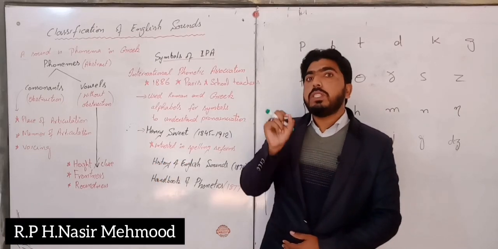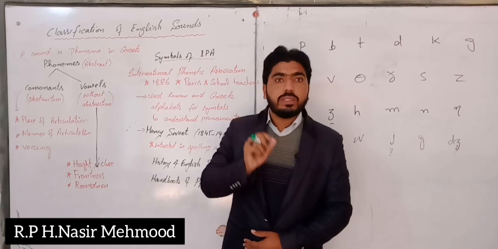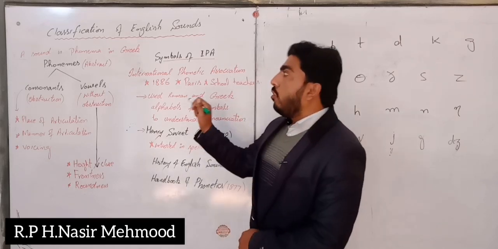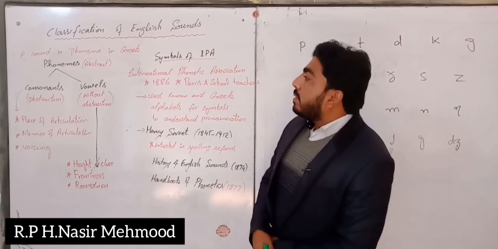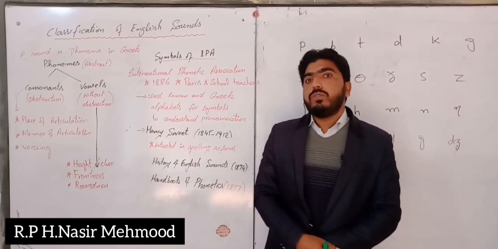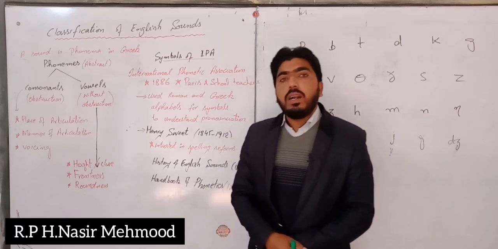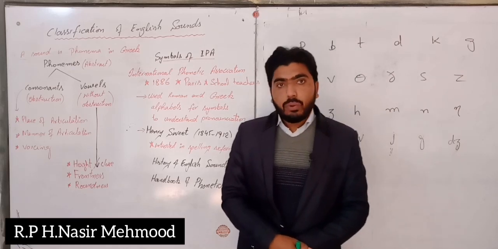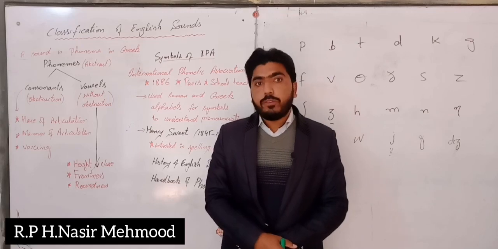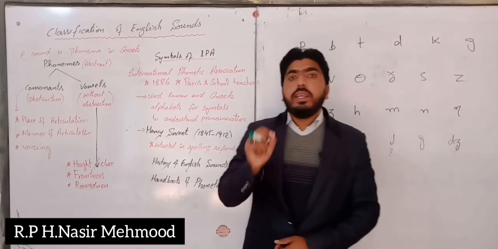So sounds which are produced without any obstacle, without any restriction, without any hurdle in the way of air are called vowel sounds. Now look at the number of consonants and vowels in the English language. Consonants are 24. How many consonants are in English? 24. And how many vowels? Of course, 20 vowels are in the English language.